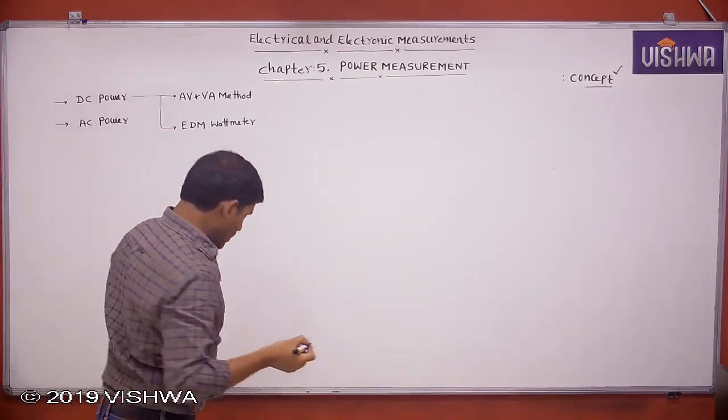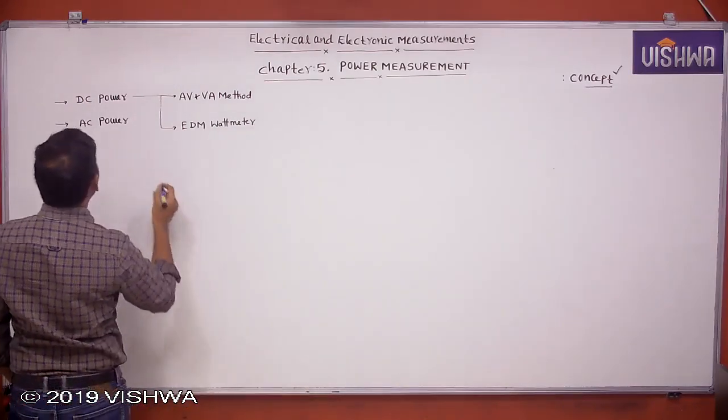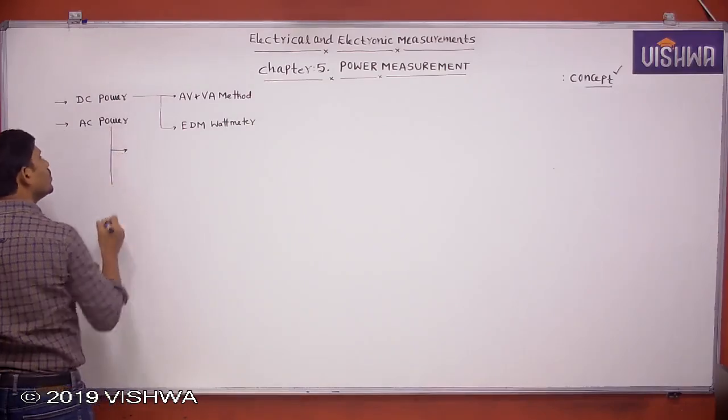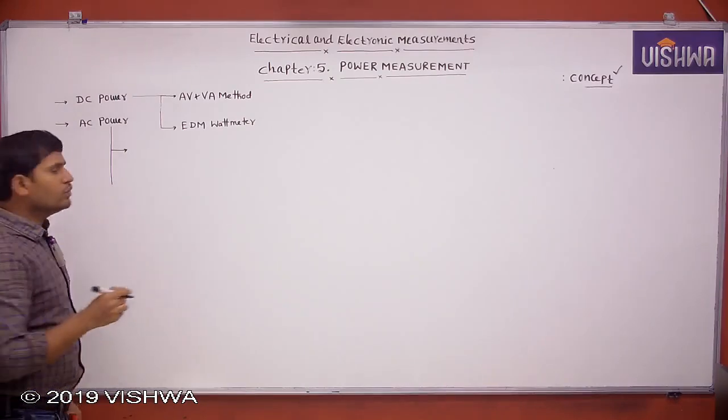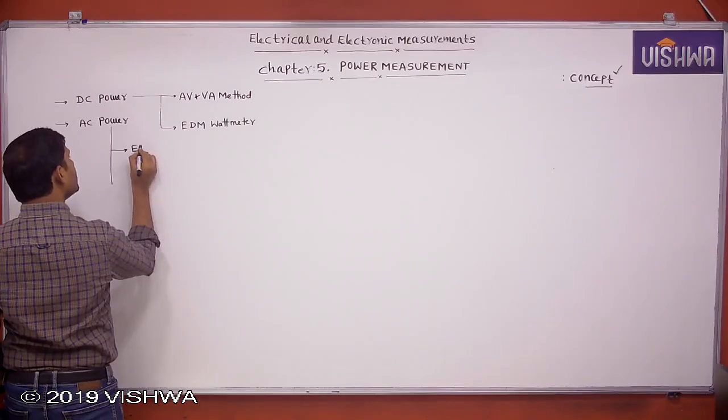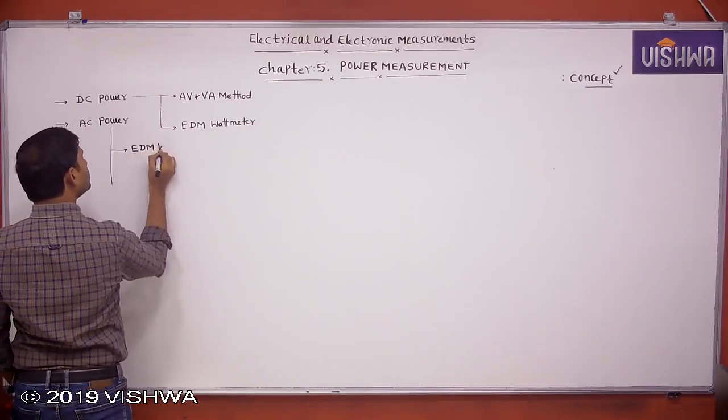Then with respect to AC power measurement, there are so many wattmeters. You can use the EDM wattmeter, that is the electrodynamometer wattmeter.